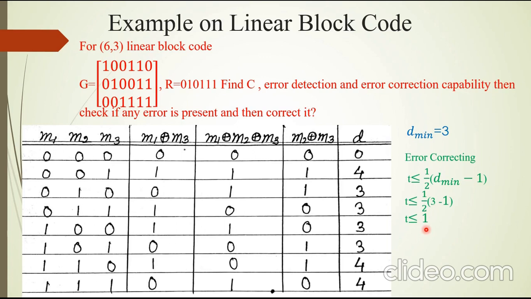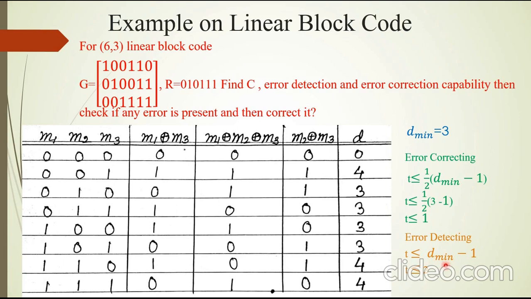And the number of errors that the code can detect: the formula of error detecting is t less than or equal to d minimum minus 1.